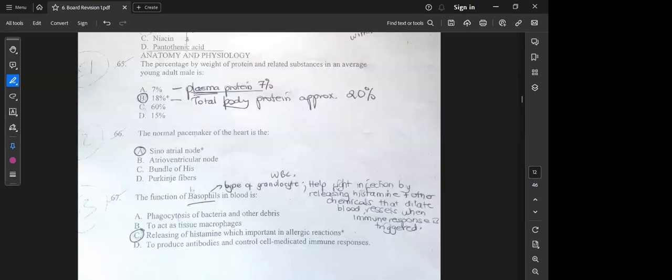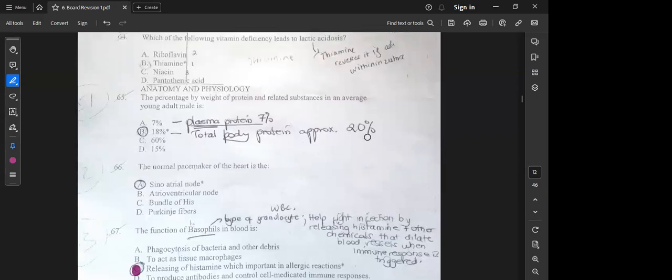Also from the chat box, eosinophils to release histamine. That's also another addition. Any additions?